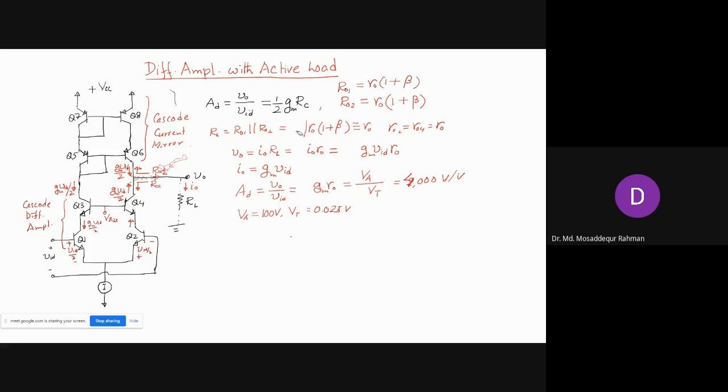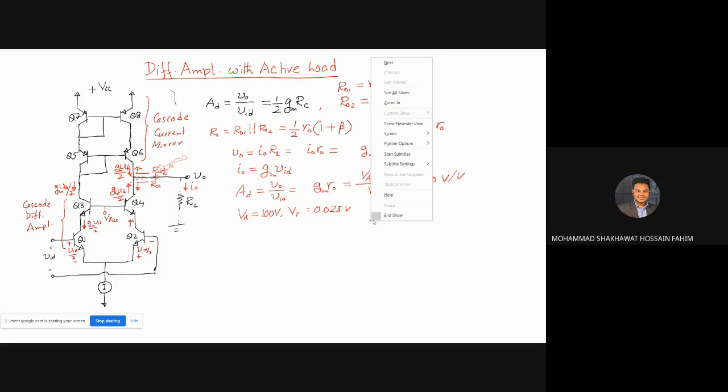So the parallel combination of these two will be just half of what we have for each of these, half R0 times 1 plus beta. Is that clear, guys? Yes, sir.